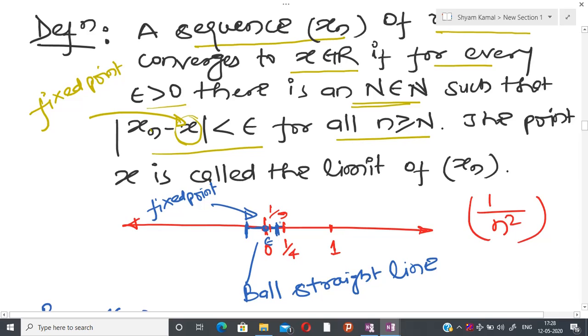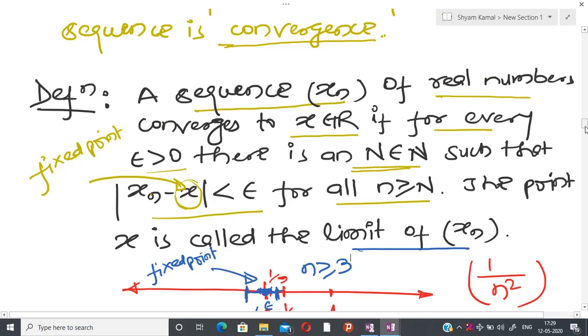You can see here that if n is greater than or equal to 3, then whatever term comes into the picture is going to fall inside this smaller ball only. That is the meaning of this, and the point x is called the limit of xn. In this way we are defining the convergence of the sequence.